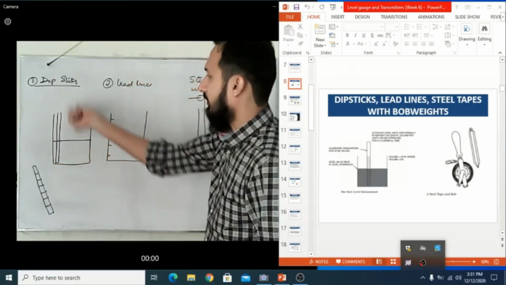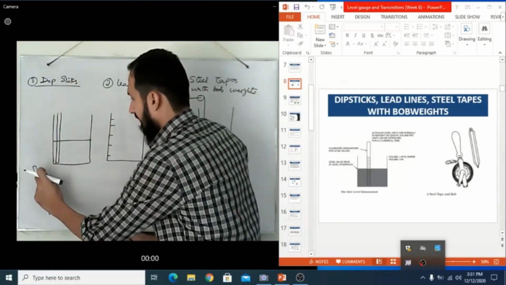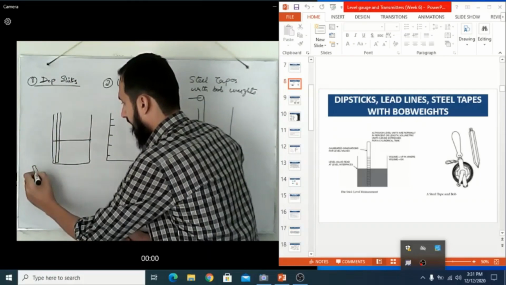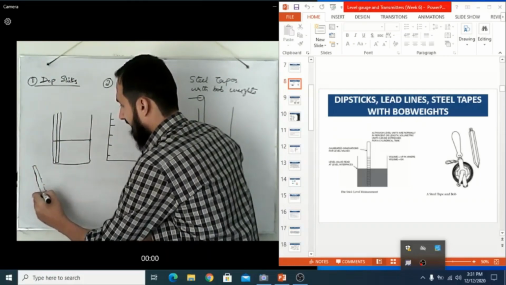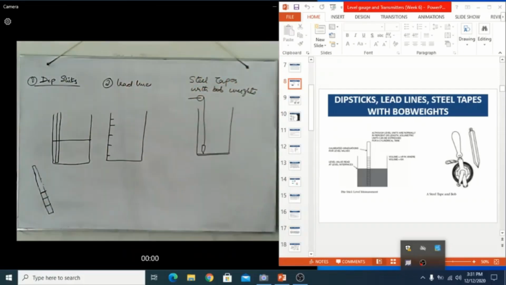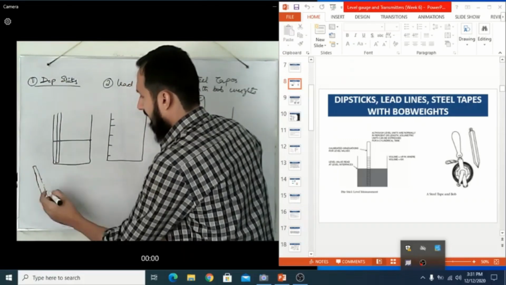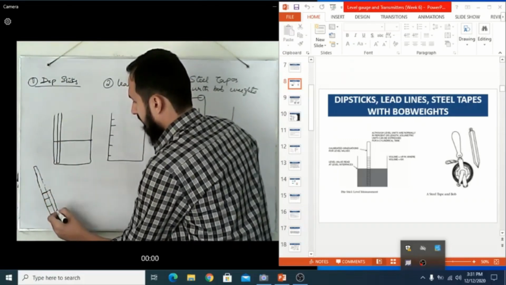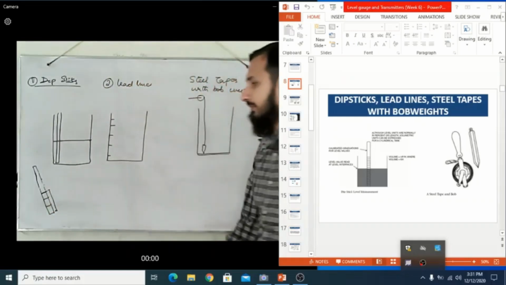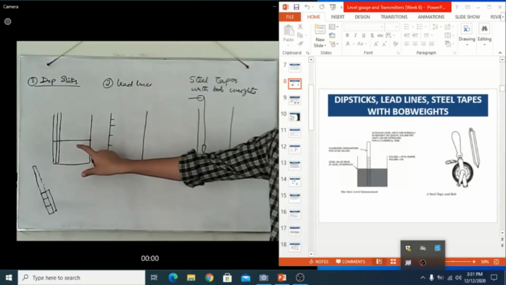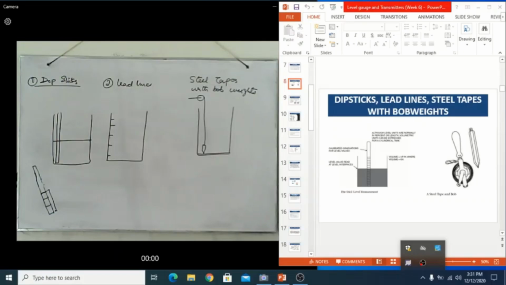When this rod comes out, certainly some part of the rod gets wet, and since it is calibrated, you can easily come to know the height of the tank up to which the material is filled.